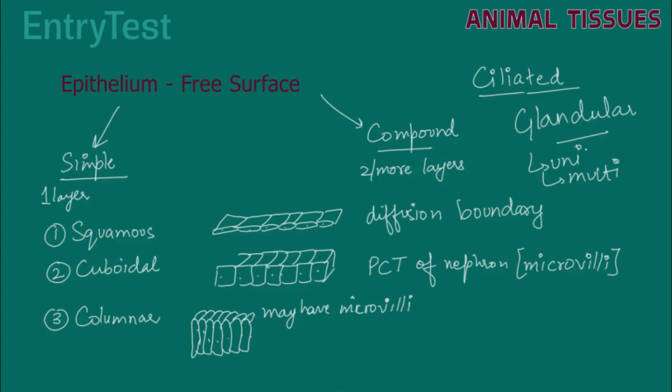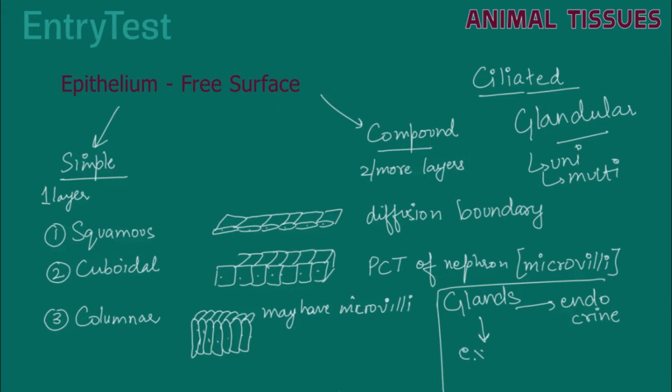And since we're talking about glands, some extra information that I would like to add here. The glands that are present in the human body are of two types. One is endocrine glands, which do not have their own duct, and that is why they pour out their secretions, known as hormones, directly into the bloodstream or in the lymph system.